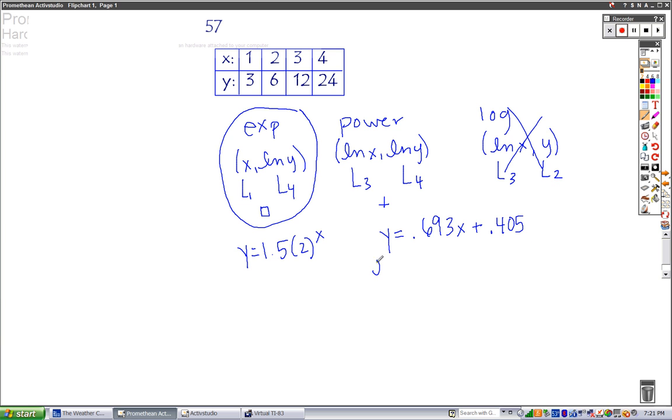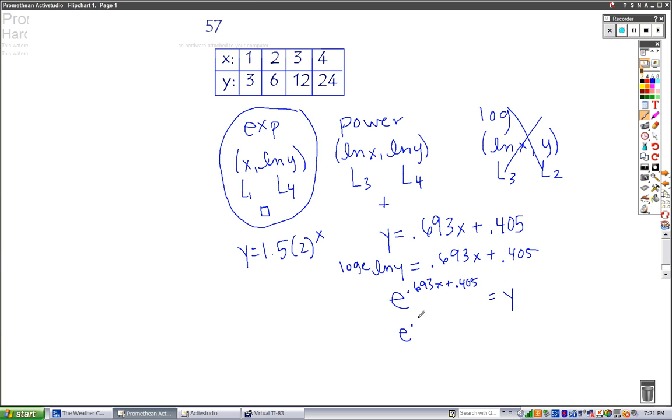Remember that instead of y, I have ln y equals 0.693x plus 0.405. Remember that ln is really the same thing as log base e, so I'm going to have the base of e go around in my circle: 0.693x plus 0.405 equals y. Now here comes all the work.